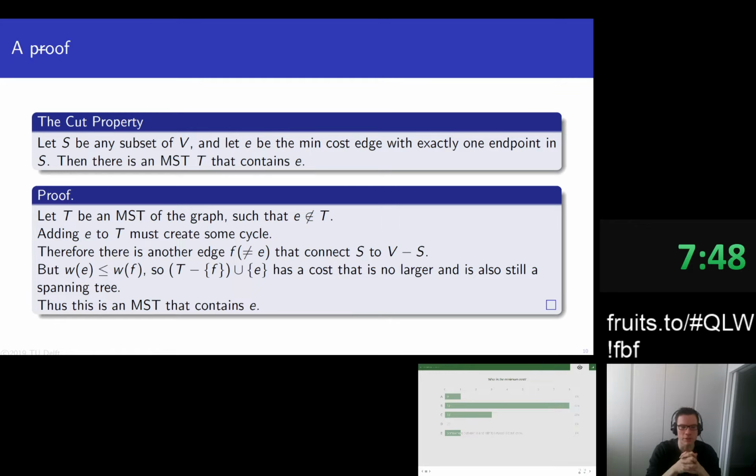And so this is a minimum spanning tree that contains E. So imagine that we pick another one, then we say, well, we could replace that one with E without making the costs larger, therefore that must still be a minimum spanning tree. Okay, so the cut property is true. It says take any subset of vertices, the smallest edge leaving it must be part of an MST.